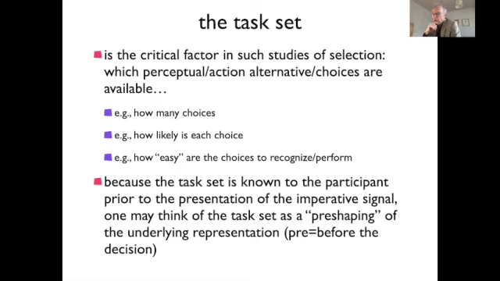So often those were, for instance, about how intricate the code is. So if it's a more difficult mapping from the imperative signal to what it signifies in the task set, then that was supposed to require a lot of computation in your mind, and then you predicted larger reaction time. So it was used as a measure of the mental computations that are necessary to make the decision.